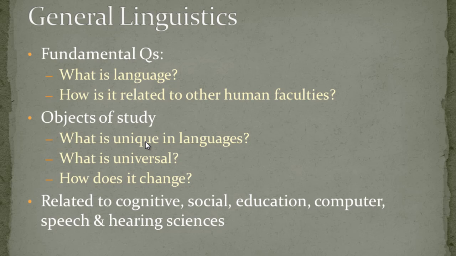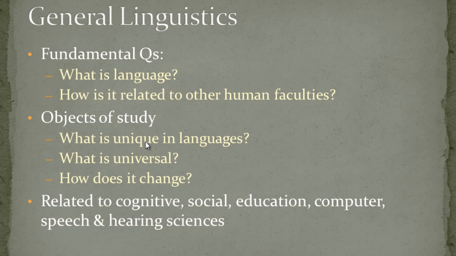Now, in general linguistics, we also explore these key aspects. And if you have read the discussion in Professor Thiêm's book and Professor Bullman's, you know these things very well. What is unique in languages? What is universal? What is common in all languages?